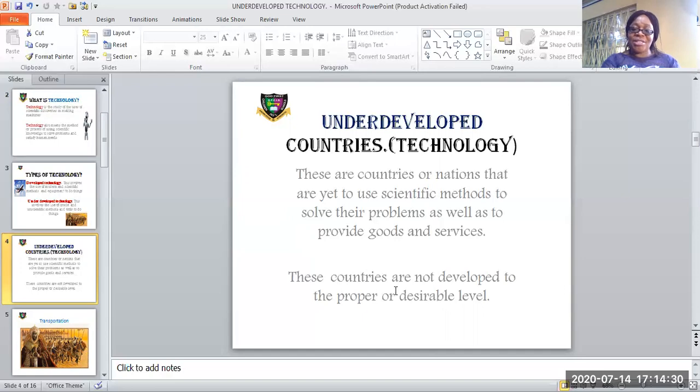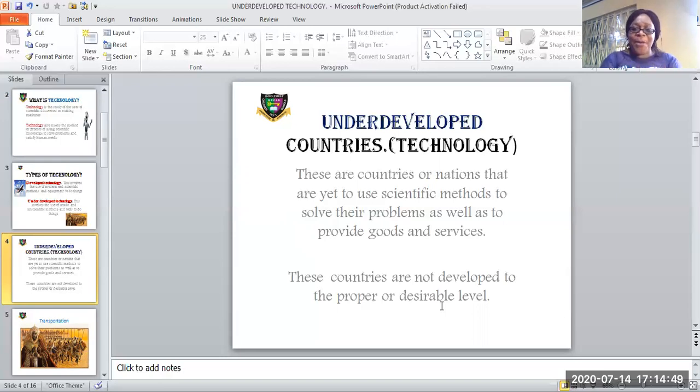So these countries are not developed to the proper or desirable level. Not that there are no cars there, but there are not enough. Okay? Not that you cannot find tractors there, but the tractors are not enough.